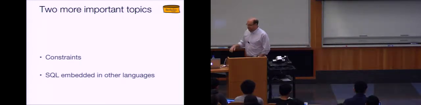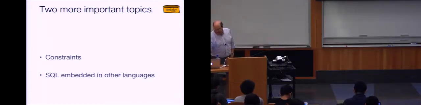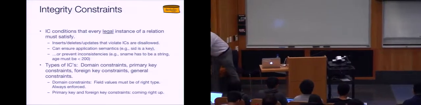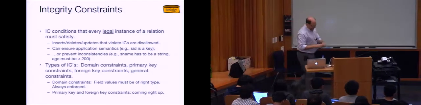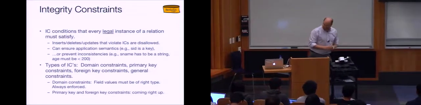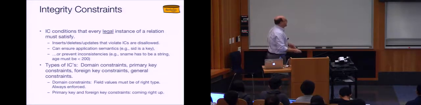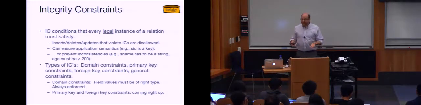I think you started on this last time, so I'll go quickly. The idea is they're called integrity constraints. Again, the idea is you're not allowed to do an operation that would cause a constraint to be violated.